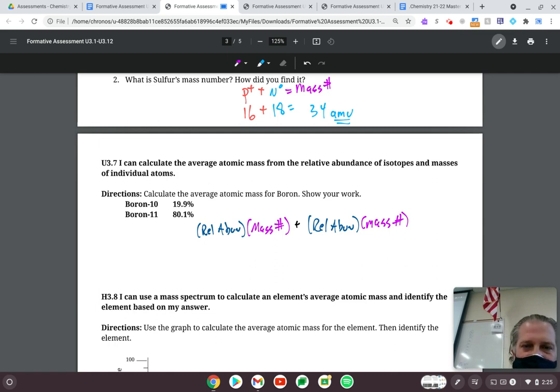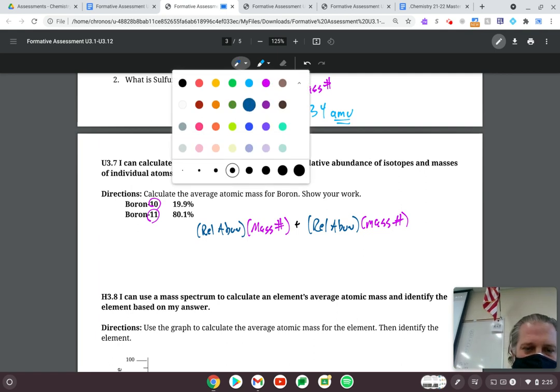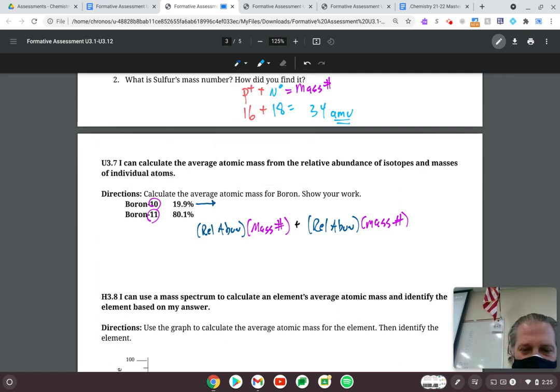And so I'm going to figure out that I have a mass number of 10 and a mass number of 11. And I have a relative abundance of 19.9, which I need to change to a decimal, so 0.199, and 80.1, which I'm going to change to a decimal, 0.801. So I'm going to fill in the blanks here.